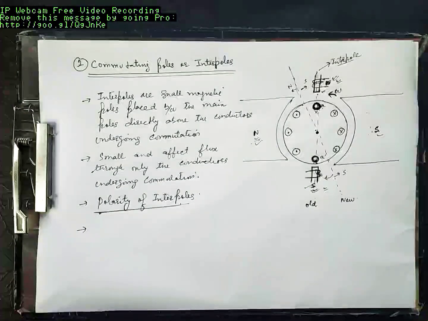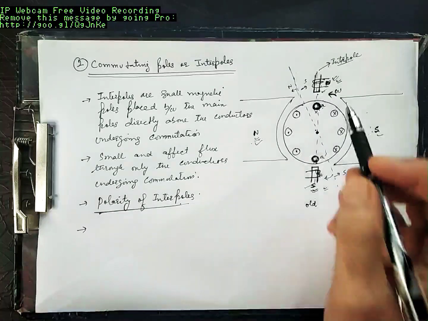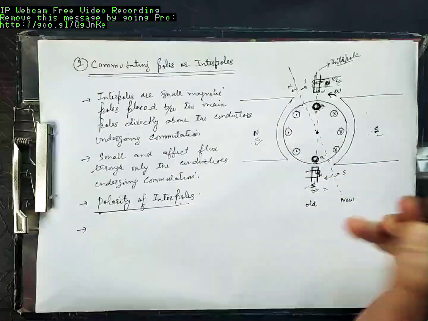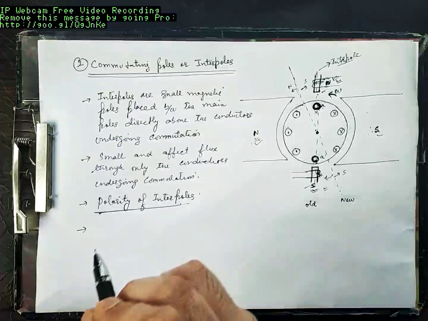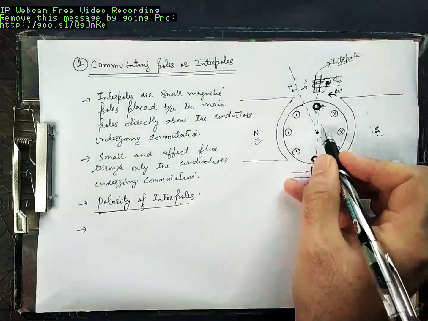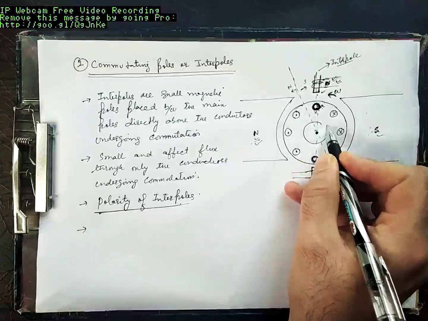In order to account for this, these interpoles, north pole as well as south pole, they are connected to the armature. These are supplied from the armature.